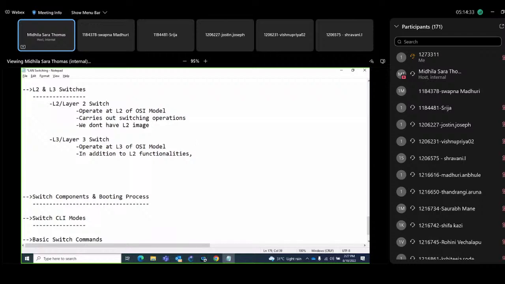What does L3 perform? Any guess? Routing. Guys, routing.